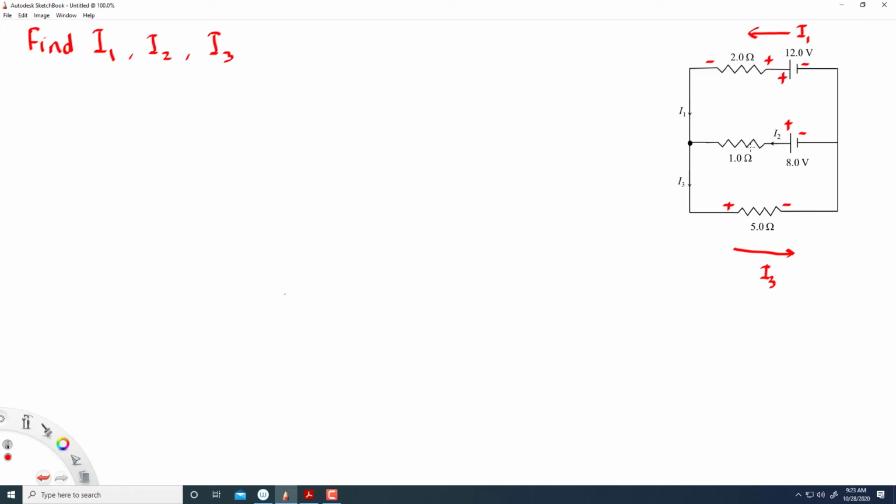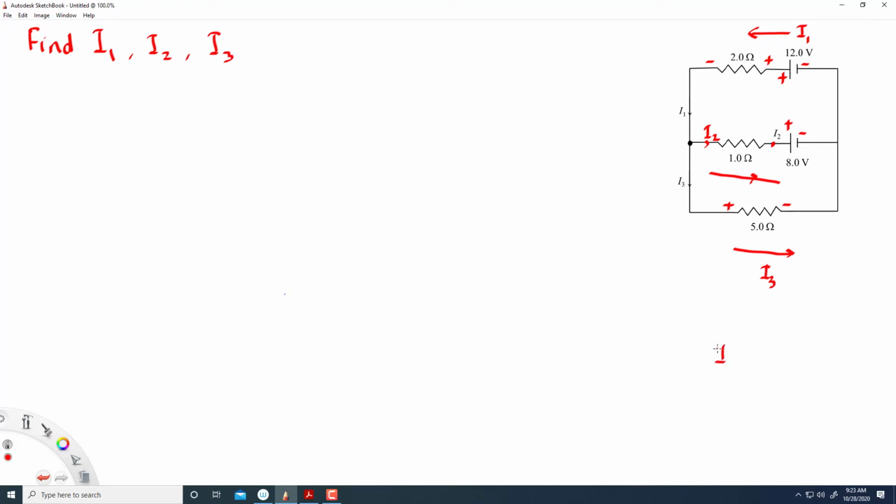So let's just choose an incorrect direction, deliberately. I wanted to show you what happens if you choose the incorrect direction. So let me choose this way rather than this way, just the opposite direction. You can choose any direction you like for the current.